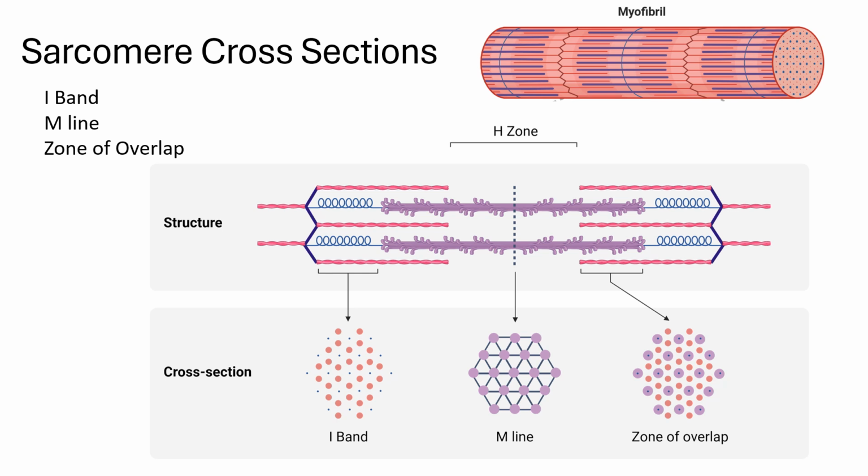So what we're doing in this diagram is cutting this myofibril right here and right here and then right here. And on these very bottom pictures down here, we're showing you the cut face, if we were to cut that myofibril and look at the circular face of it.